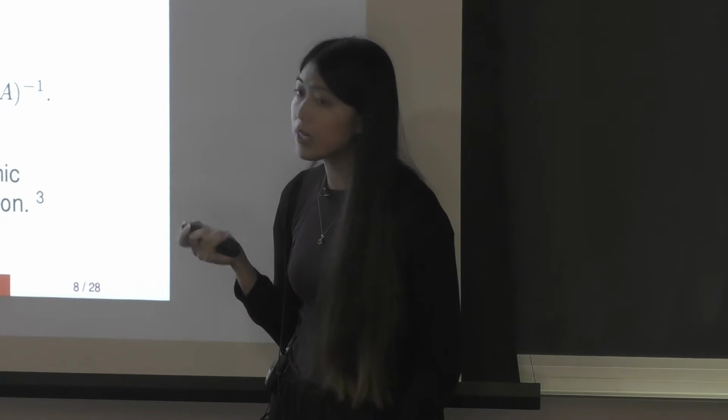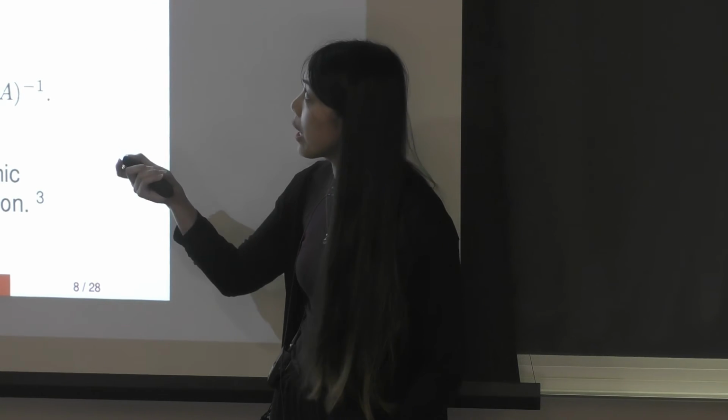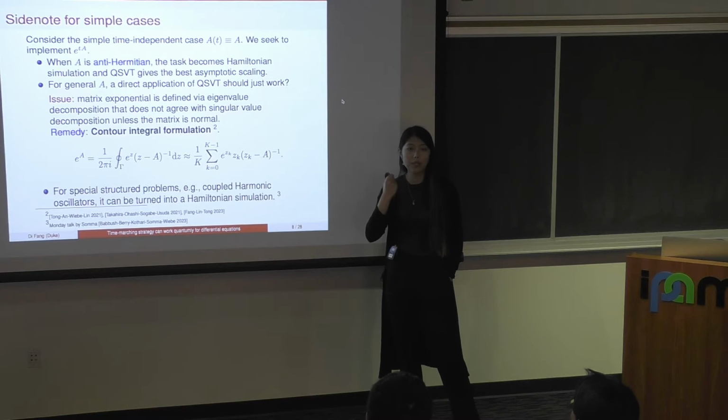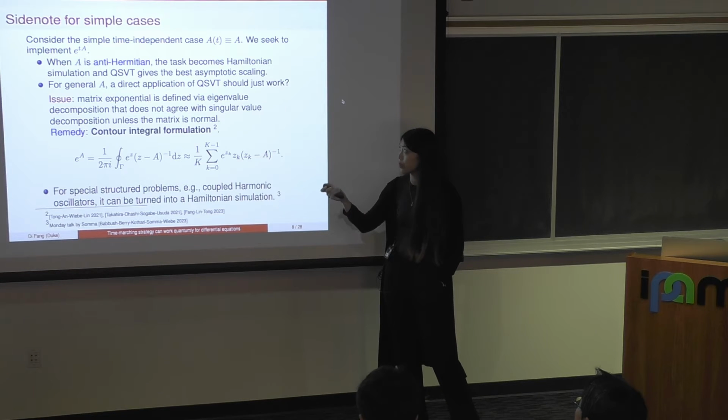So if the underlying matrix is actually Hermitian, you can directly use singular value decomposition. You don't even need to do a contour integral. If your matrix is either Hermitian or anti-Hermitian, you can directly use QSVT. For general cases, you can use this formulation instead. You do not need to split it into a Hermitian part and anti-Hermitian part.